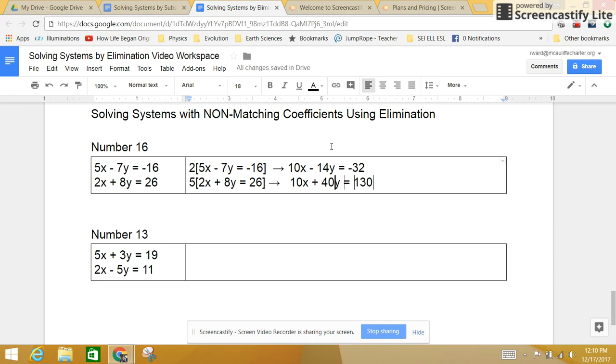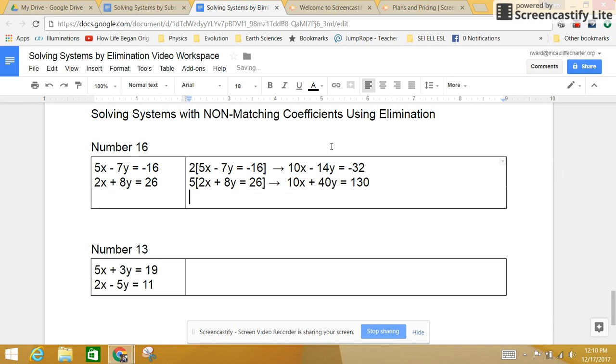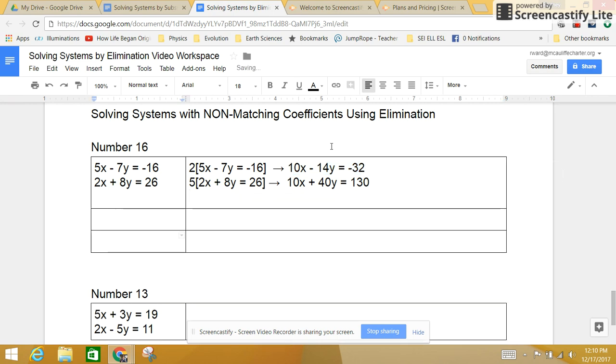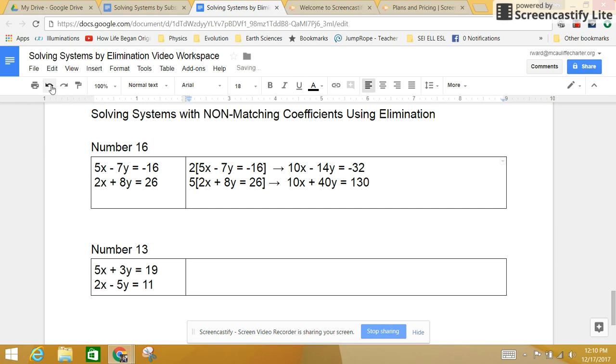Okay, now I can subtract my equations. I'm going to subtract this way. I can go in either direction. Oops, let's undo that. I'll need those later, but not yet. All right, so I'm going to actually subtract 10x minus 14y equals negative 32 from 10x plus 40y equals 130.